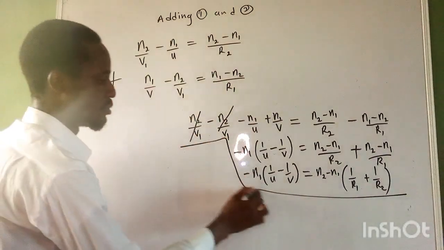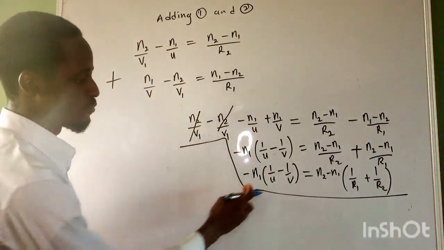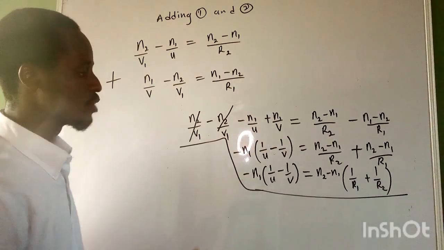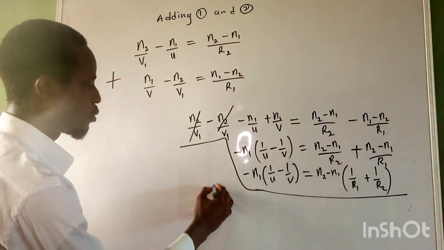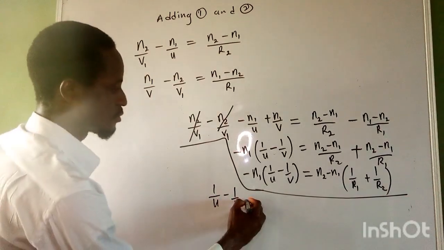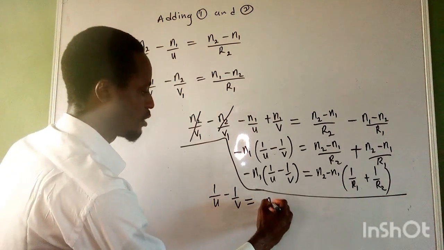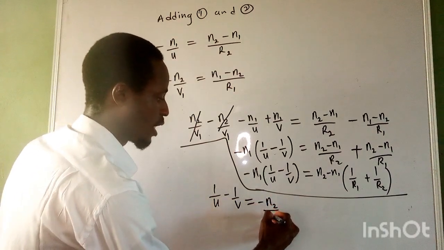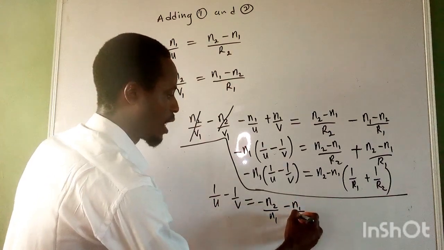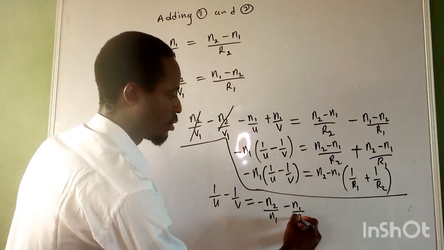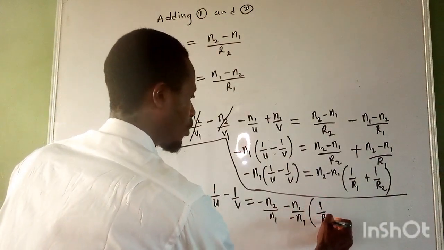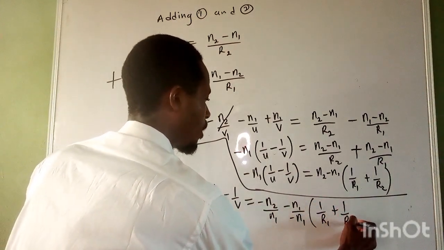From here now, I will just have to divide both sides by minus n1. If I do that, I will have 1 over u minus 1 over v equals n2 over n1 minus n1 over n1. Then I will have minus n1 over minus n1. So this still remains 1 over r1 plus 1 over r2.